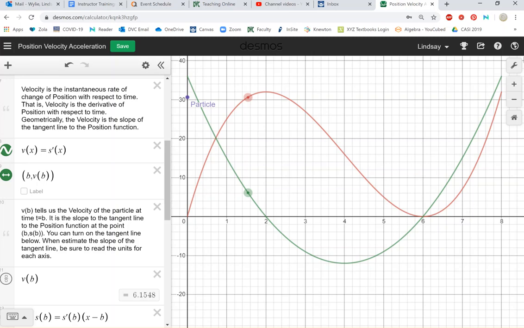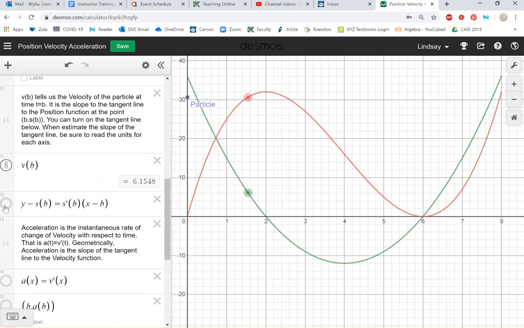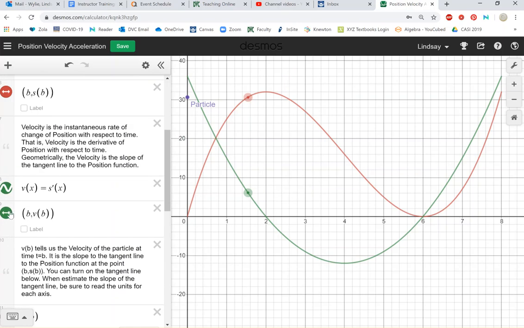The slope of the tangent line to the position function right here, that green slope, is the y-coordinate on the derivative of position. It is the y-coordinate on velocity. If we just look at those two together, let's take this off.